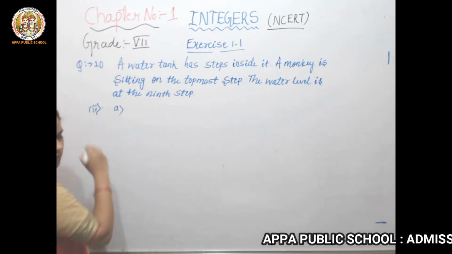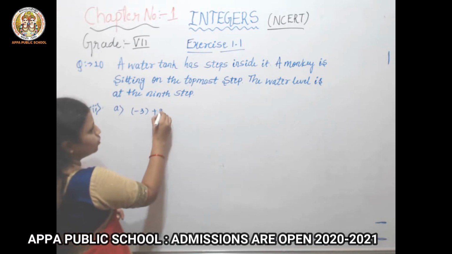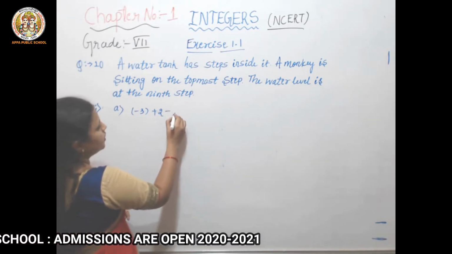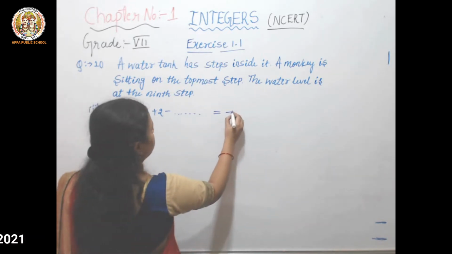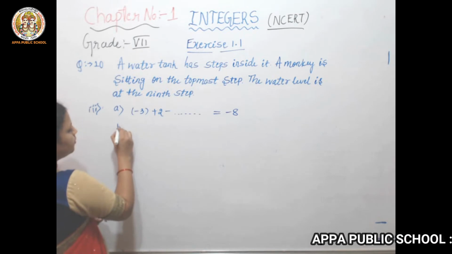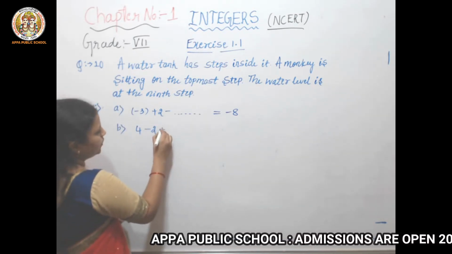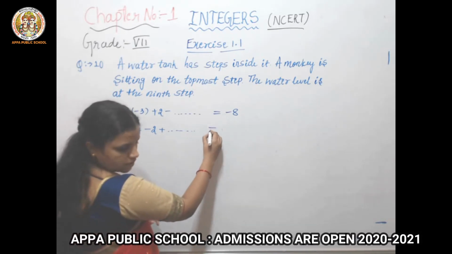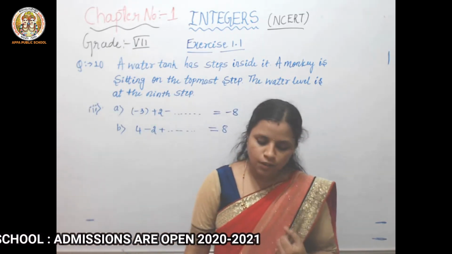Third, again we have A. A is minus 3 plus 2 minus dash dash dash. We have one number as minus 8. Clear? And the next, B. B is 4 minus 2 plus dash dash equals 8. These two sequences are given in the question.